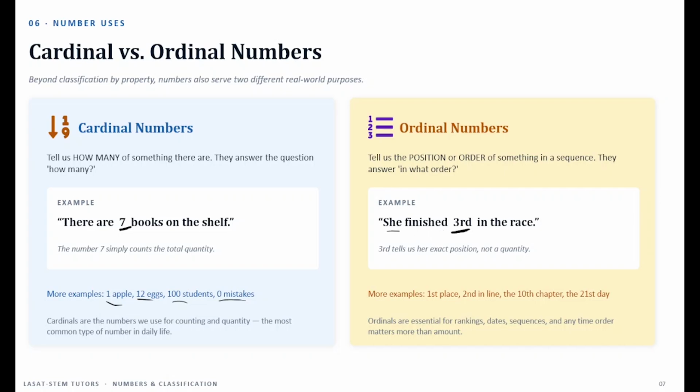She finished 3rd in the race. That's telling us her exact position, not a quantity. So we have first place, second in line, 10th chapter, 21st day, and so on. Ordinal numbers are essentially used for ranking, date, sequence, and any other order that matters more than amount.